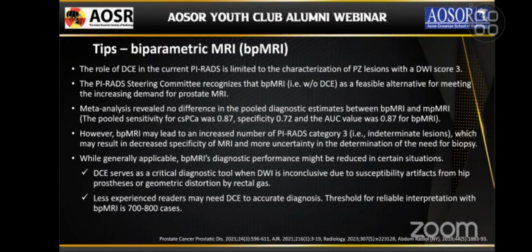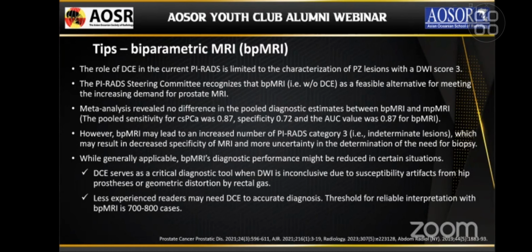At the end of my presentation, I'd like to talk about biparametric MRI. Since the role of DCE is limited in the current PI-RADS, biparametric MRI that omits DCE may be performed.